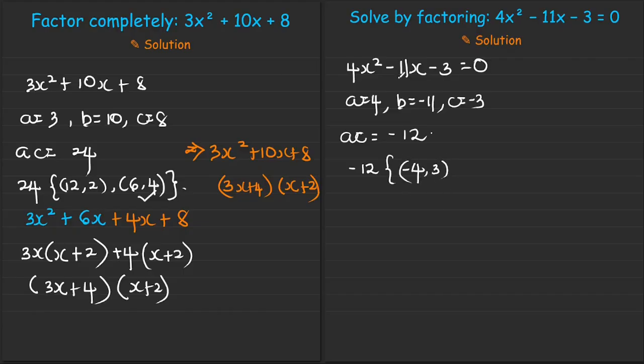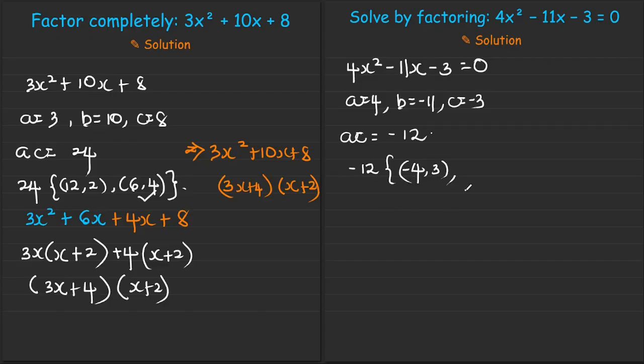But then if we add, we don't get negative 11. We have negative 1. We can also say negative 3 times 4. That would have also not given us negative 11. You see, so you try so many. The thing is, if you keep solving this type of equation, you'd be able to easily determine the factor pairs, because it just comes, because you have understood and then you always know what to expect.